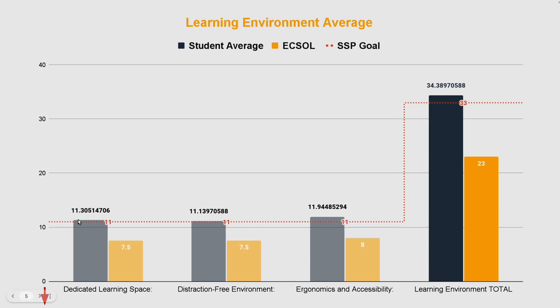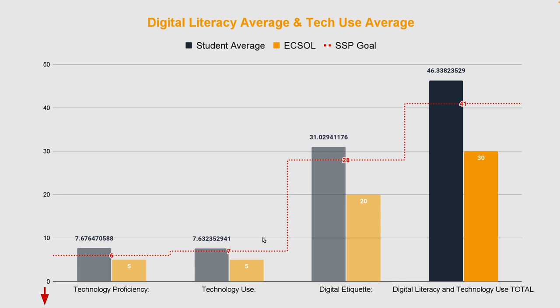However, I think we did meet the goal here barely in having a dedicated learning space and a distraction-free work environment, but I would really like to see us do better than just barely meeting the goal for that. So that's an area where we want to continue to grow and do better.